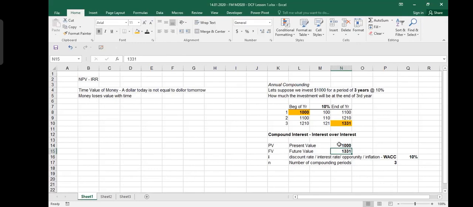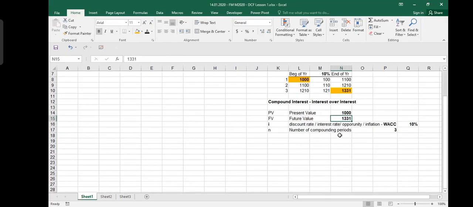So this thing which we just did, how do we see it here? You've got present value here, and let me put it a little bit below, which is, say, $1,000. And you've got here the future value after 3 years, which is 1331. So how did we come to these values?